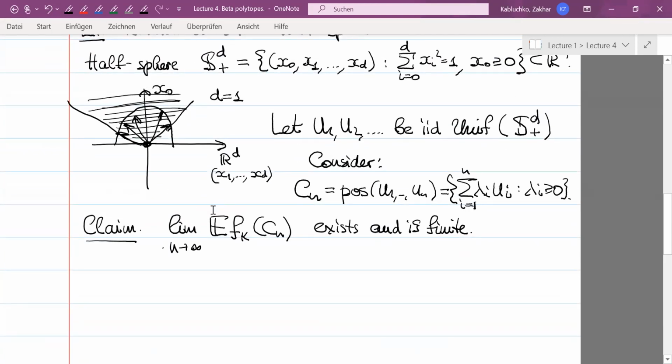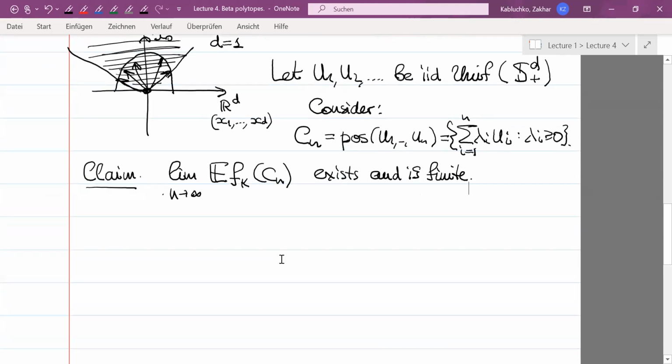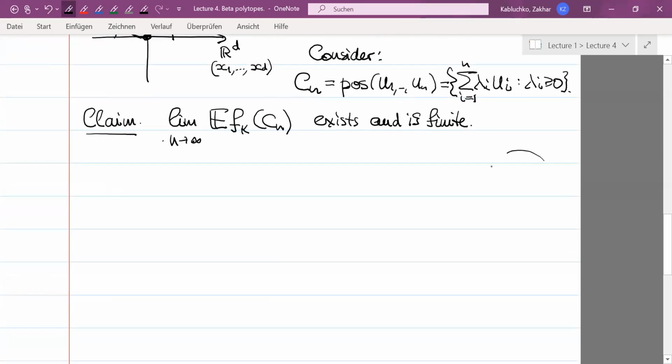And the claim is that the number of faces of this spherical convex hull converges to some finite limit as n goes to infinity, which is strange because if you take the same thing in, say, the disk, so take uniformly distributed random points in the disk and let n go to infinity, then the number of edges or the number of vertices of this polytope goes to infinity. Here it is not the case.